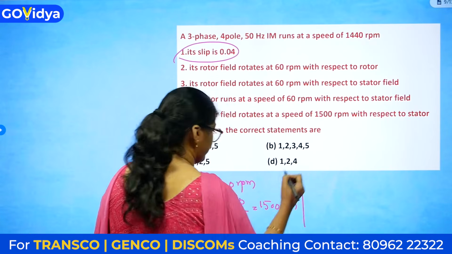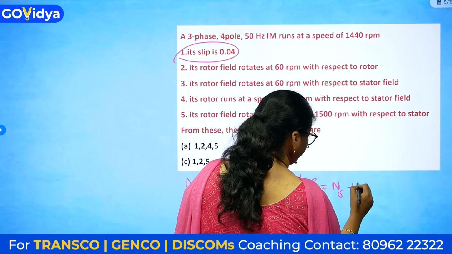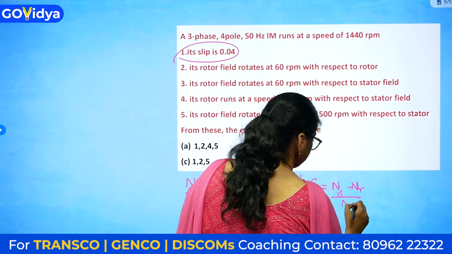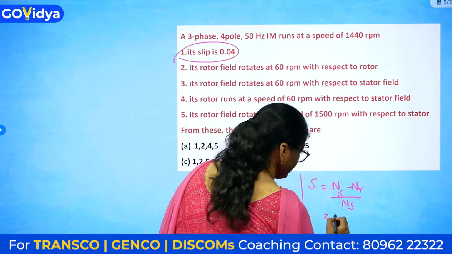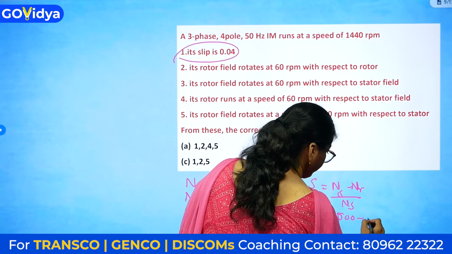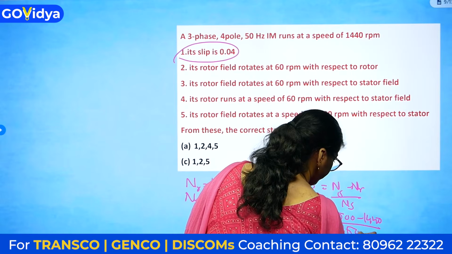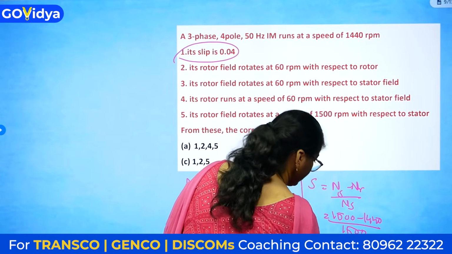So slip we have to find. The formula we know is s equal to (Ns minus Nr) by Ns. So Ns is 1500 rpm minus Nr, 1440 rpm, by 1500 rpm. So 60 by 1500.